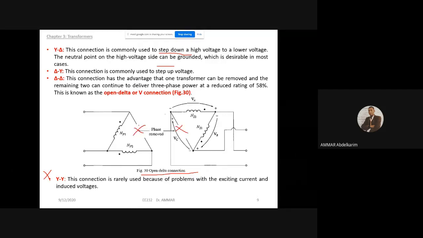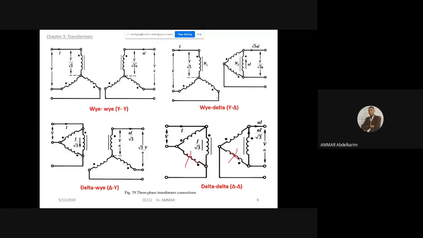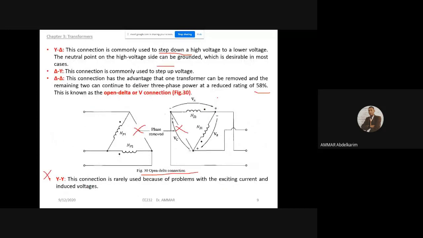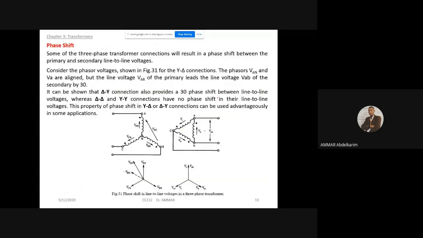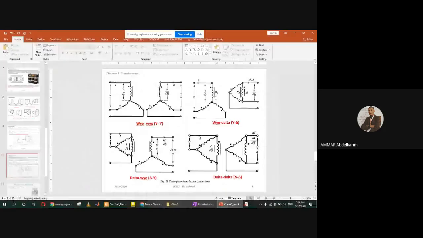We can remove one transformer and work with two, but when we work with two transformers, we transfer less power, which is 58%. So those are the four types of connection of the three-phase transformer.